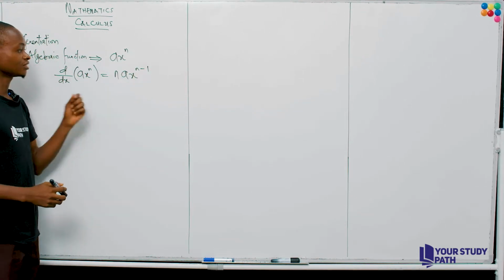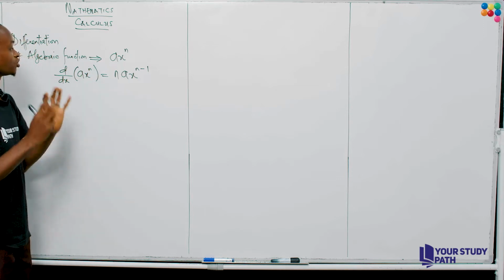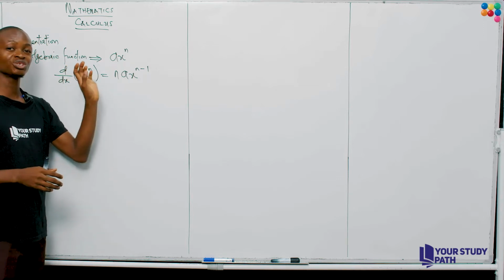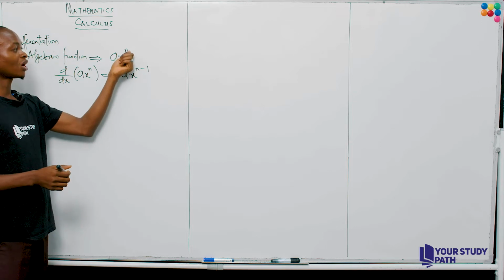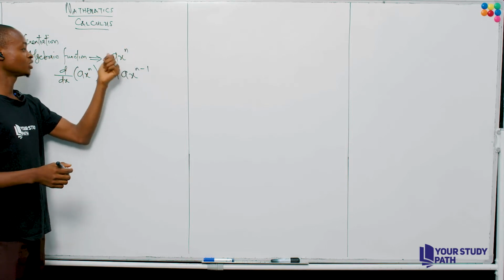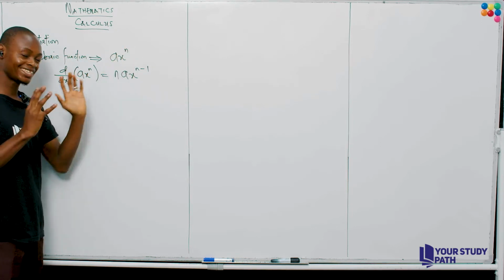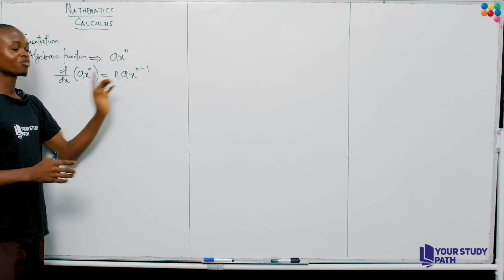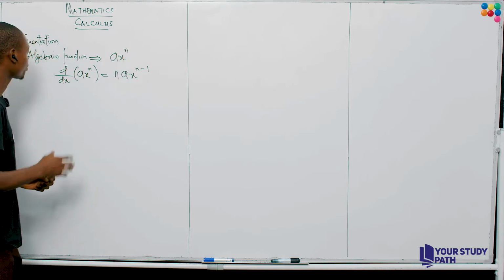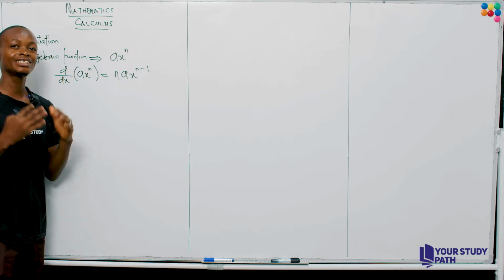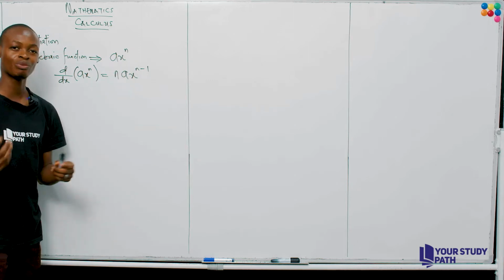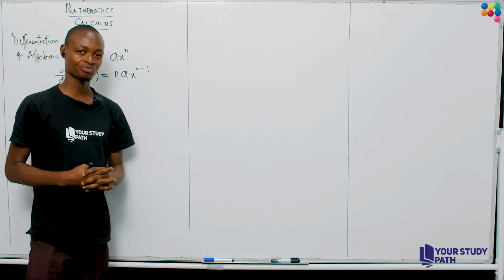Now, what exactly is this? What we are simply doing is that as far as the algebraic function is concerned, we pick the power, use the power to multiply the coefficients, and then we subtract 1 from the power. This is why we term differentiation as a decreasing effect on the power of the variable.